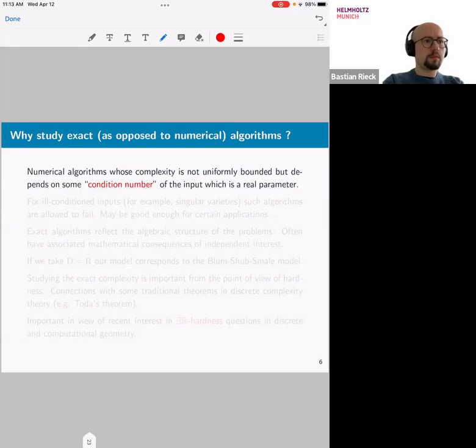That means the algorithm is allowed to fail if it is ill-conditioned, but normally it should run efficiently in the input parameters and in this condition number.